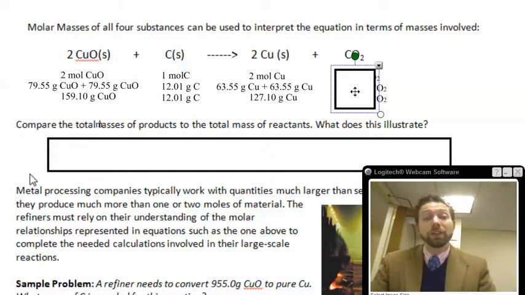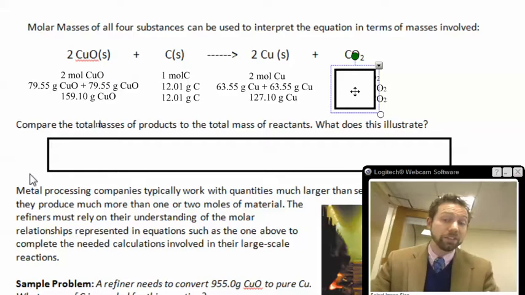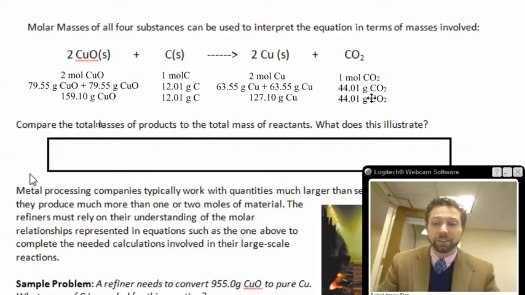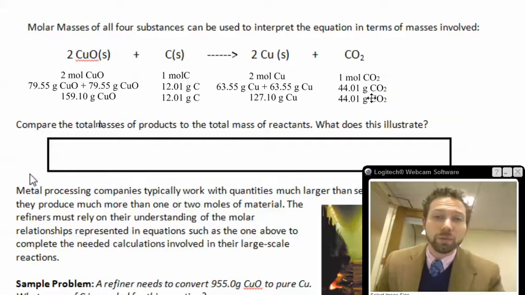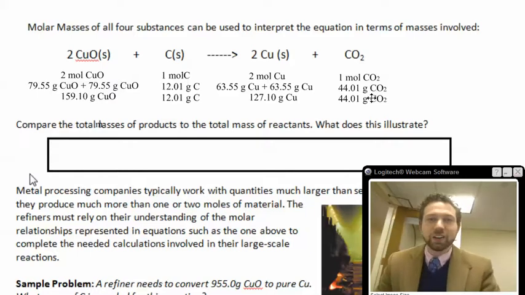Now, probably the most complicated. It has 3 atoms. This carbon dioxide, 1 mole of it. The molar mass of carbon in this carbon dioxide is 12.01. We just found that. We have oxygen there as well.